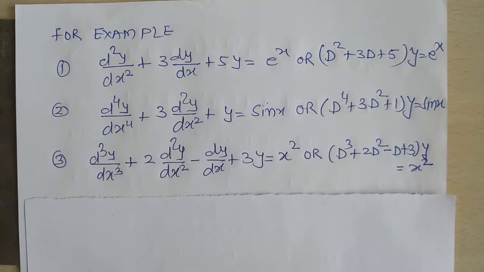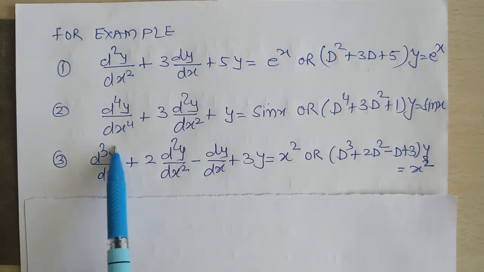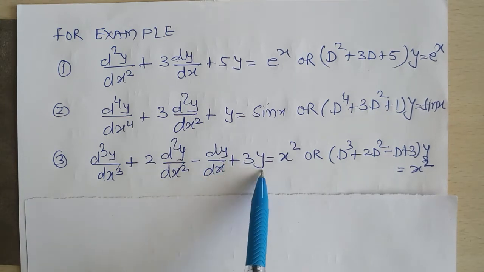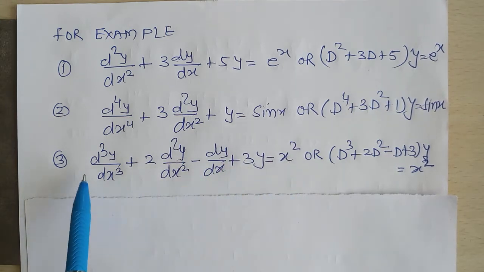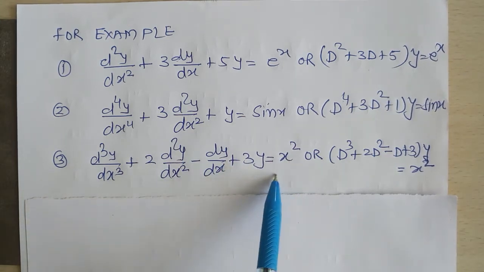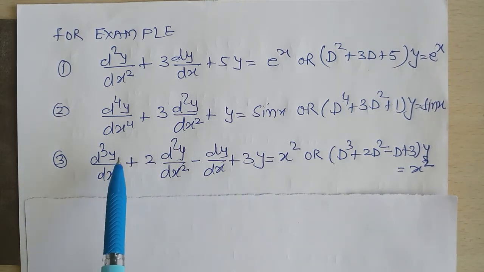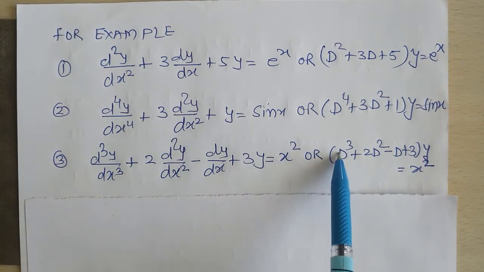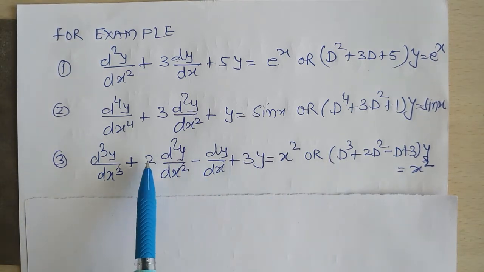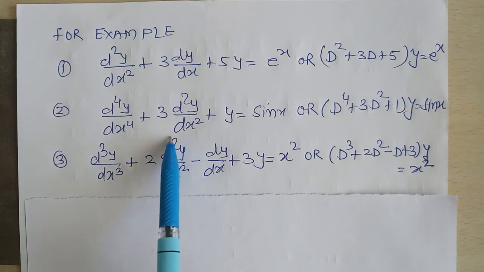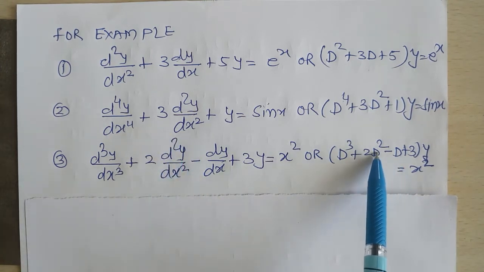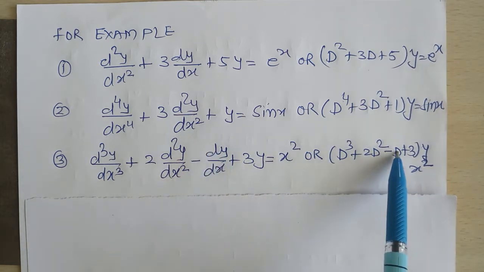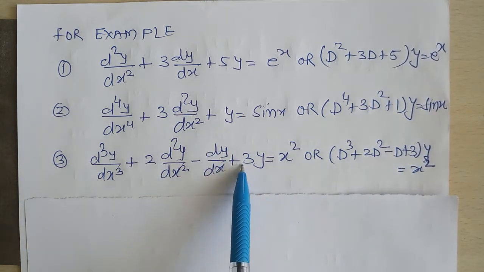Similarly, here d3y by dx3 plus 2 d2y by dx2 minus dy by dx plus 3y equal to x square. So clearly this is a linear differential equation with constant coefficient. D cube y by dx cube we write D cube y, plus 2 d2y by dx2 we write 2 D square y, minus dy by dx we write Dy, plus 3y.